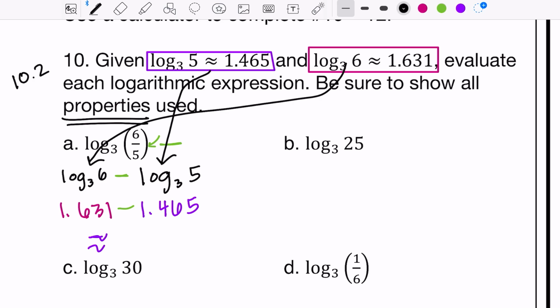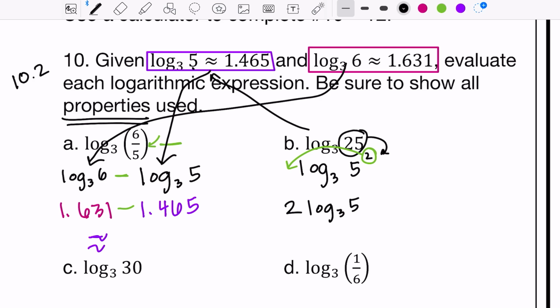Okay, the next one, log base 3 of 25. Well, we're only given log base 3 of 5 and log base 3 of 6, so what we're going to do is be creative here and change 25 to 5 squared, which will then let us bring this 2 down in front, which will give us 2 log base 3 of 5.